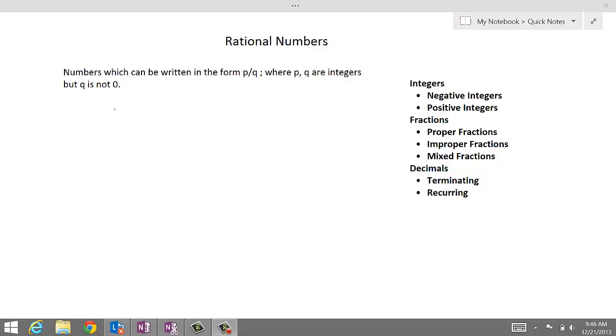Rational numbers. Numbers which can be written in the form of p over q, in the fraction form, where p, q are integers but q is not equal to 0.